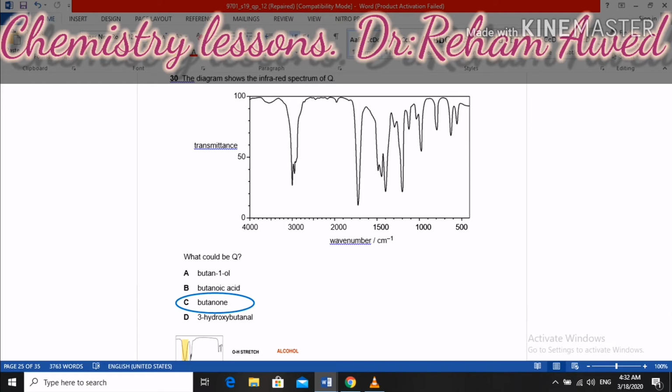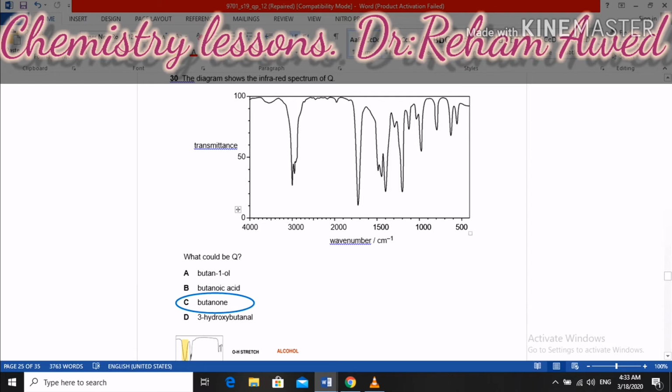And also we don't have very broad peak for carboxylic acid. So we want to identify just if it is ketone or if it is aldehyde. If it is aldehyde, we will find extra fingerprints, extra bands in this region. But as it is ketone, we won't find all of these fingerprints.